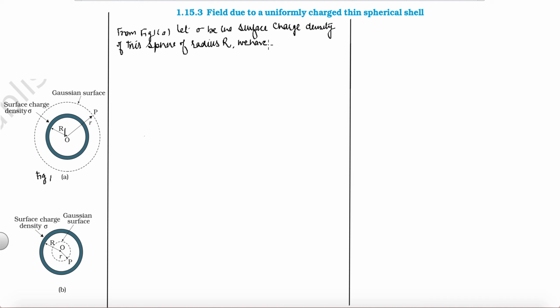Okay, so there are three cases to find the electric field due to a spherical shell.